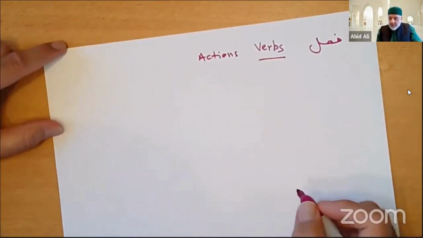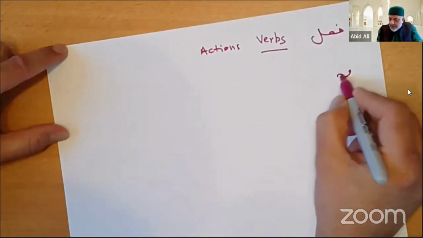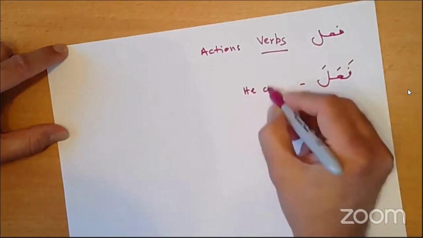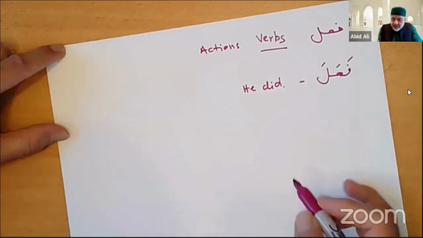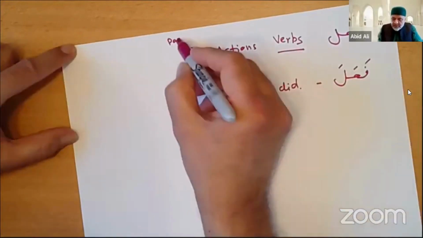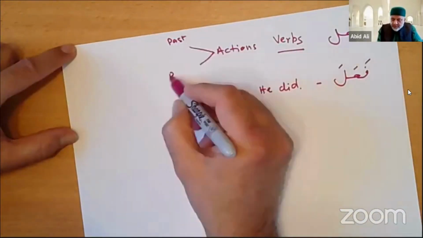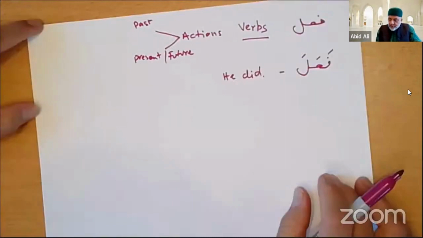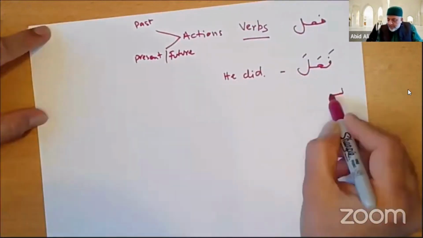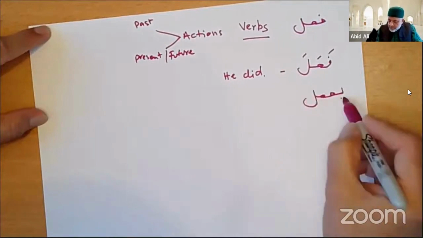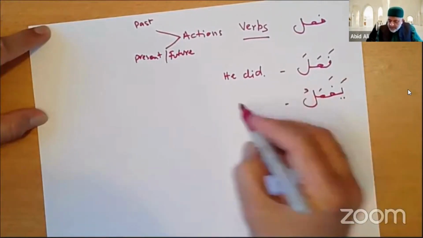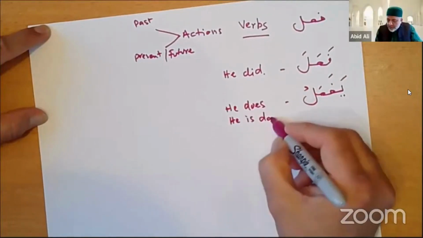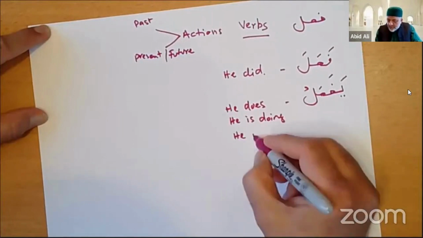So if I say something like fa'ala, what is the meaning of this? He did. And so actions are either past tense or present or future tense. Agree? So if I want to say yaf'alu, then it means he does, he is doing, he will do.